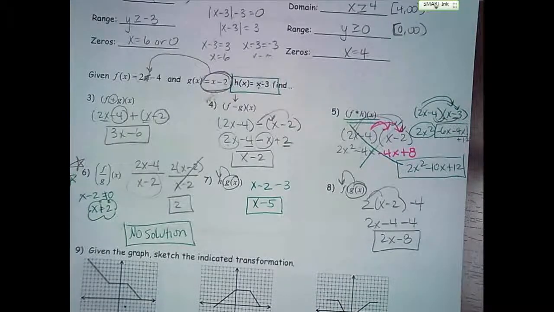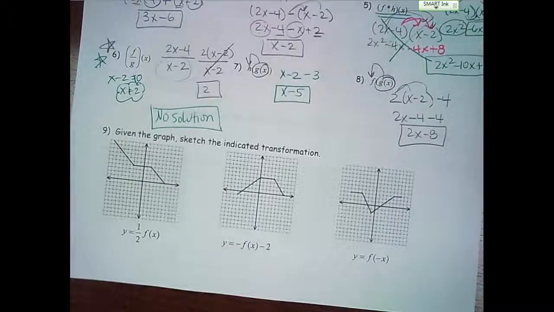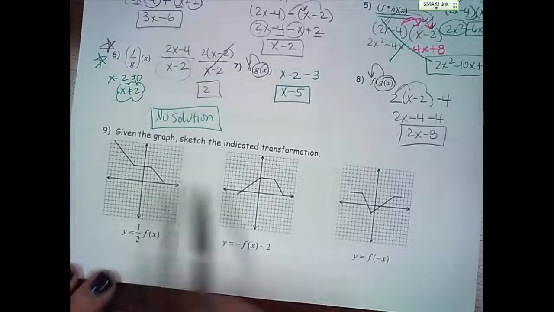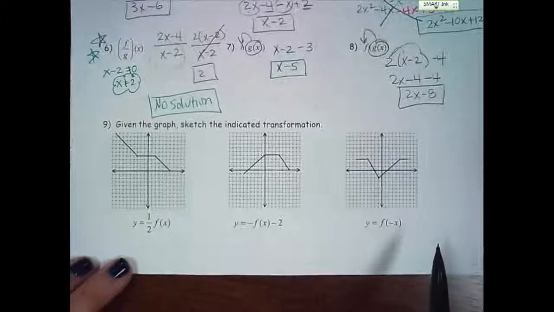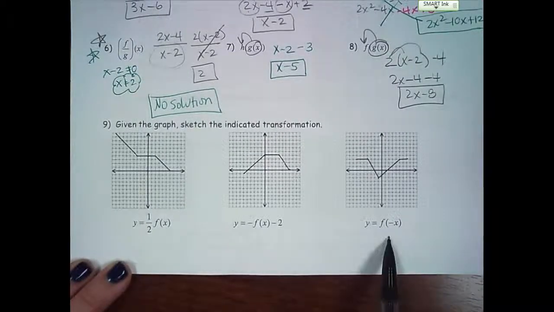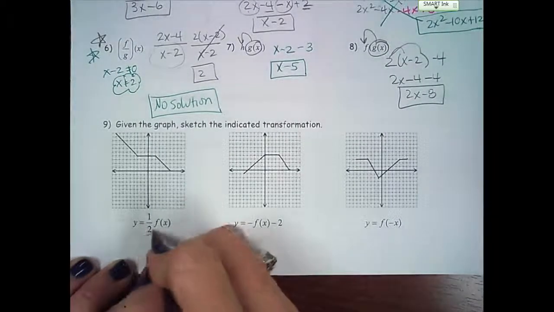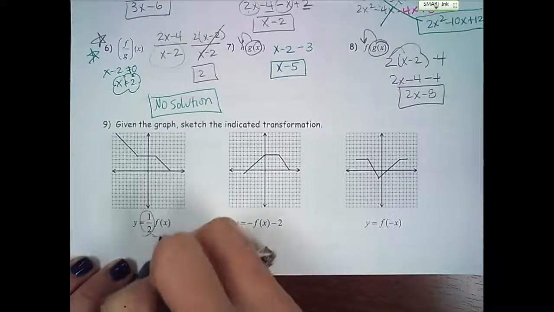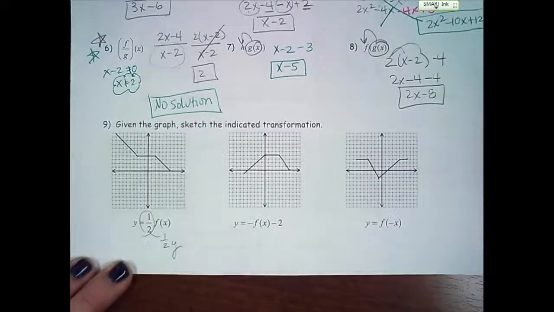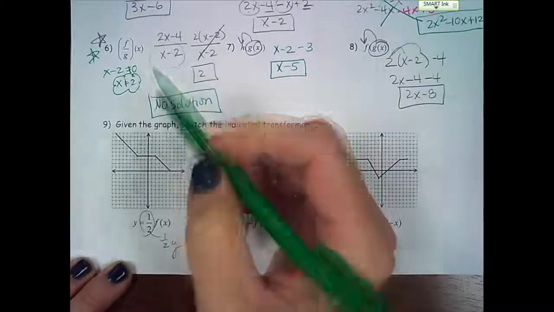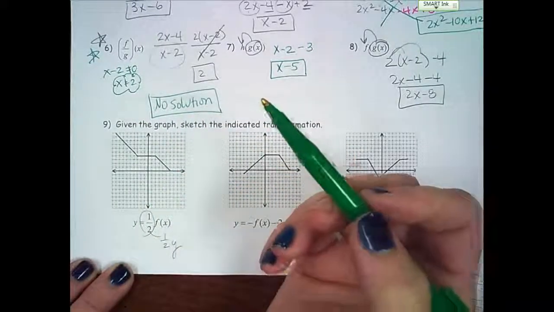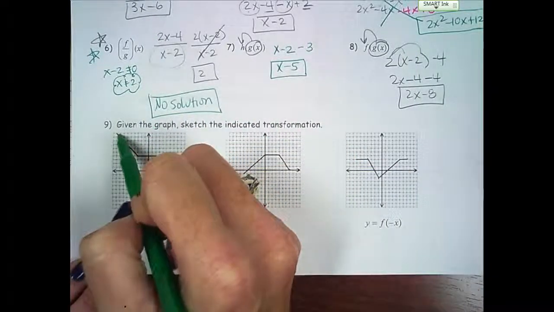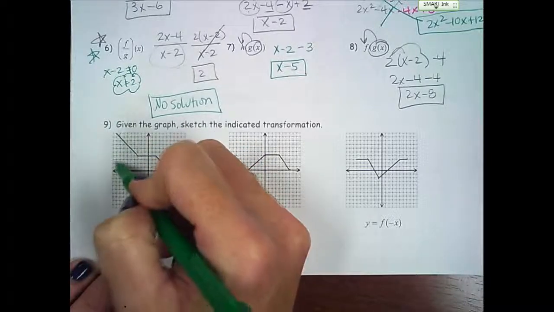Okay? Alright, I don't know if you remember this, but they've given me 3 graphs, and it told me what to do with each one. So this says half of f of x. Remember, that means you want half of your y's. So we'll just take a different color, and I was way up here at 10, so now I'm going to be at 5.